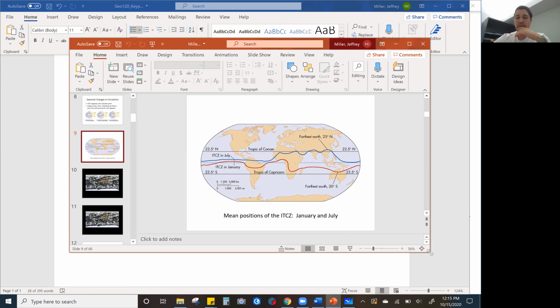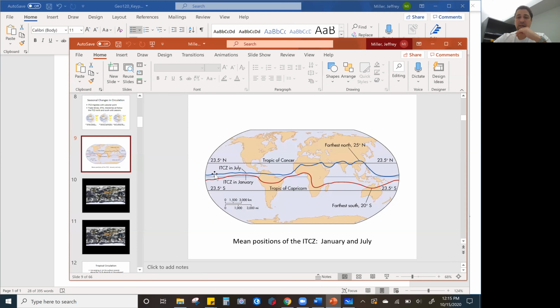So here we go. ITCZ in July. This would be like the very center of it. Okay, it's not always necessarily the equator. And so the ITCZ in July, which we know is the summer of the northern hemisphere. And so if our equator is in the middle, notice that in the ocean, actually in both July and January, the ITCZ is pretty consistent, right?